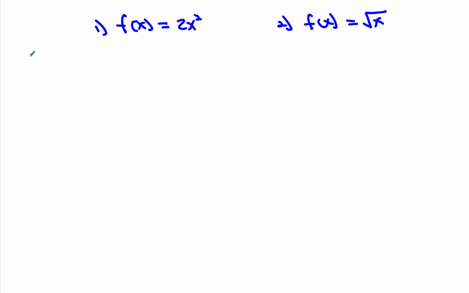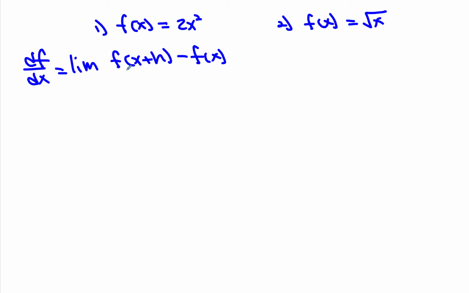So to find the slope of function f at any particular point x, that means I'm looking for df dx, which is the limit of f of x plus h minus f of x all over h as h approaching 0.